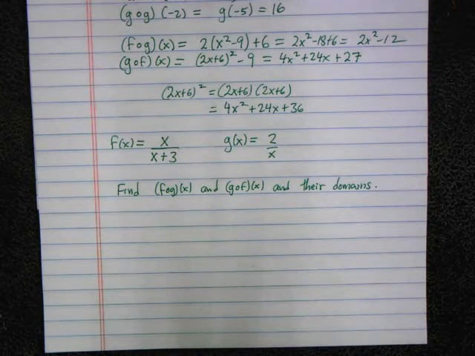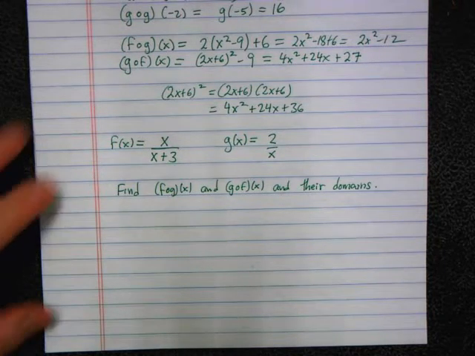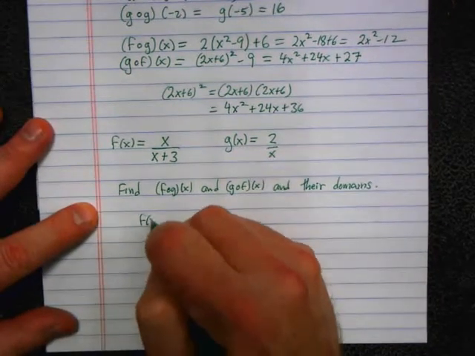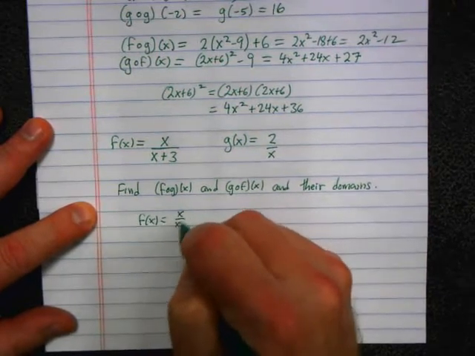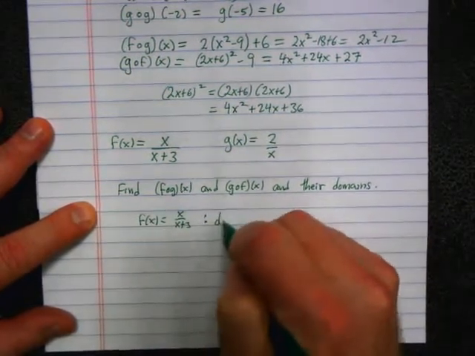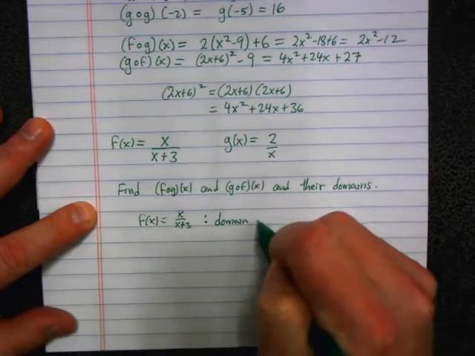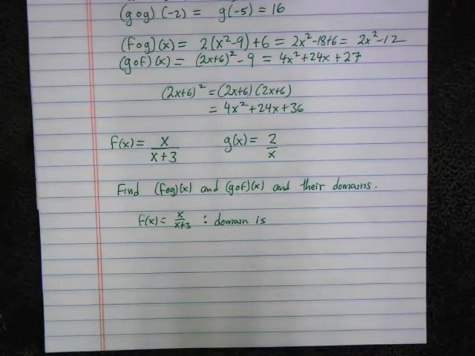All right, domain. We haven't used that word in quite a while. What does domain mean again? All of the x values that you can use. All right, so let's just start with f of x and g of x. F of x is x over x plus 3. What is its domain? What numbers can you plug in for x?